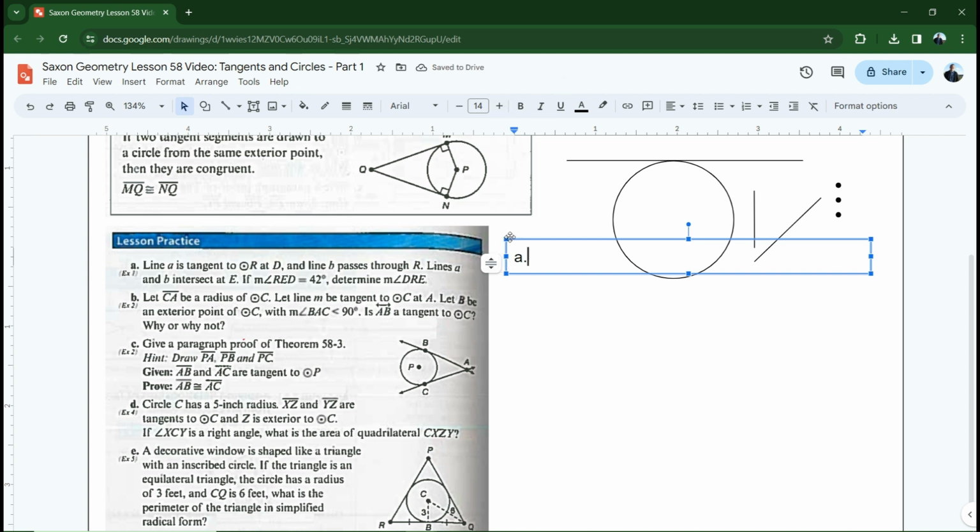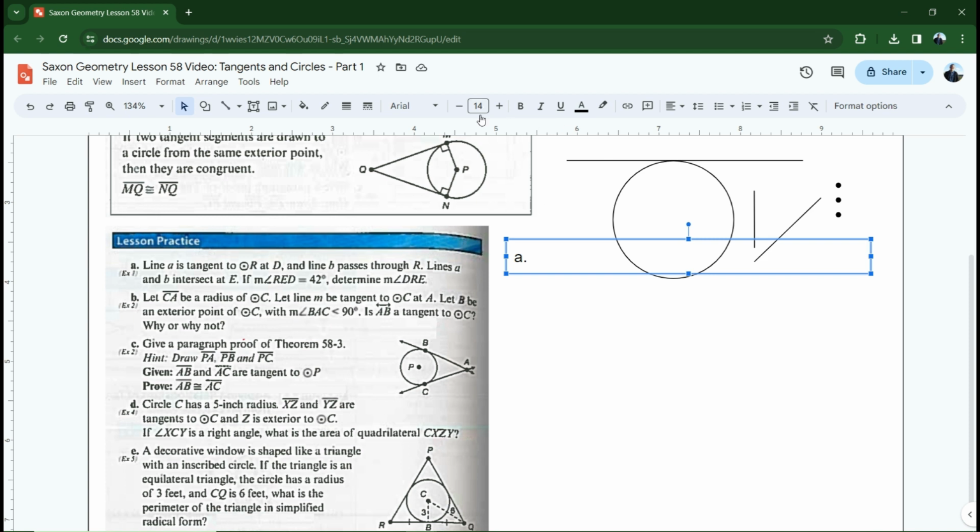And line B, another line, passes through the point R at the center of the circle. Lines A and B intersect at point E. So we have another point being introduced, E. If the measure of RED is 42, determine the measure of DRE.